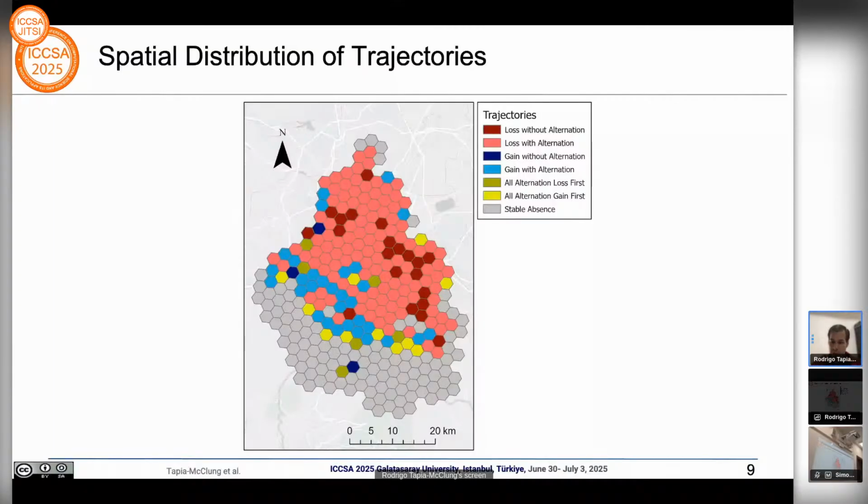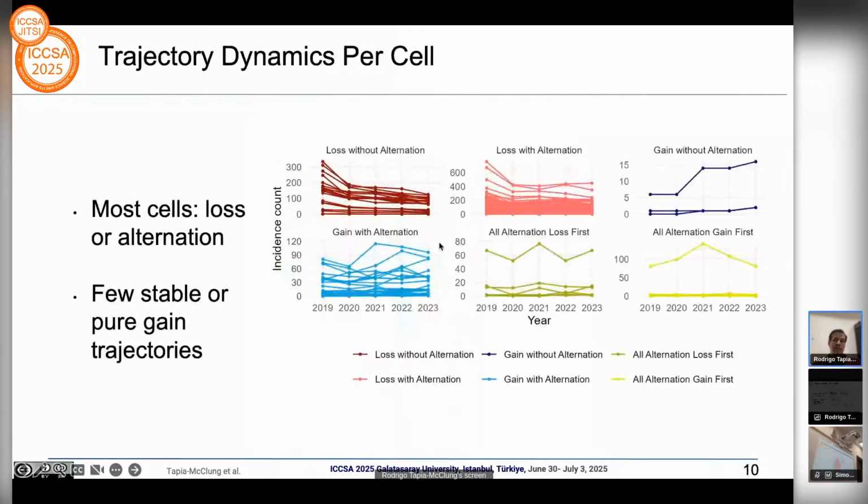So in this last plot here, we can see that for different trajectories and different cells, we have some ups and downs, and things are certainly changing from one year to the other, so we can capture a little bit more of the behavior throughout time.